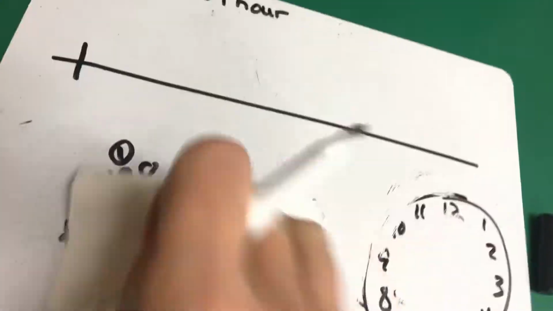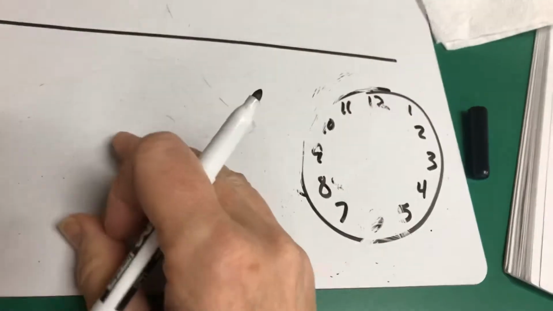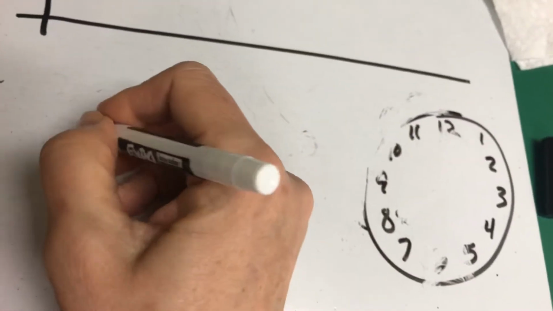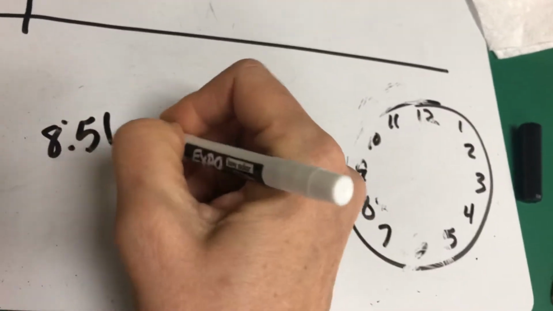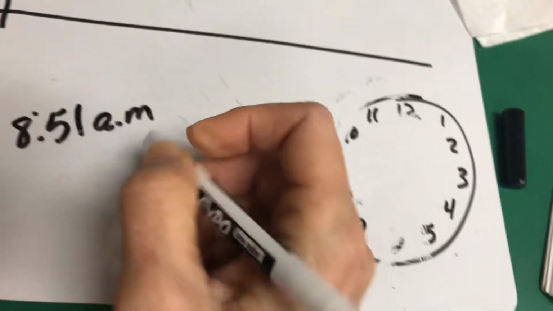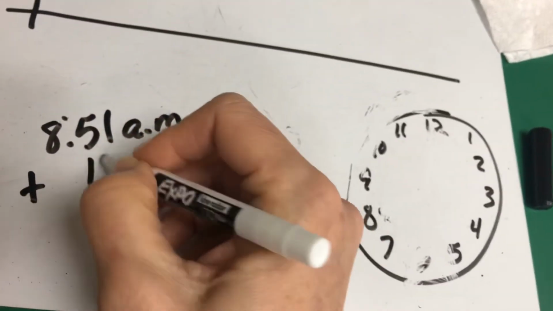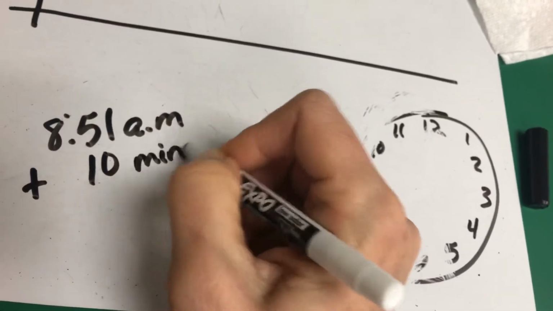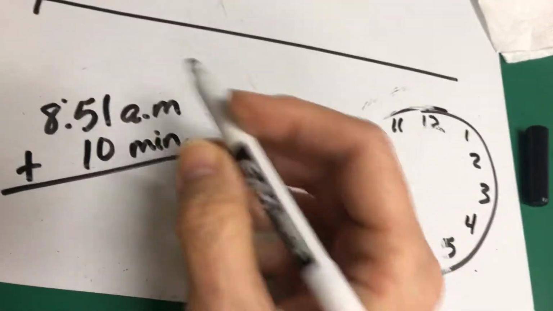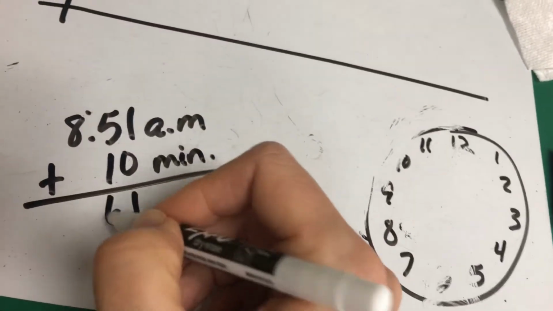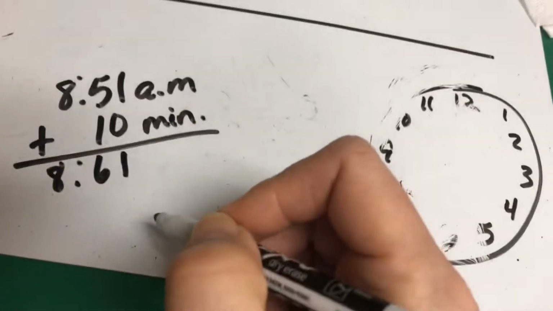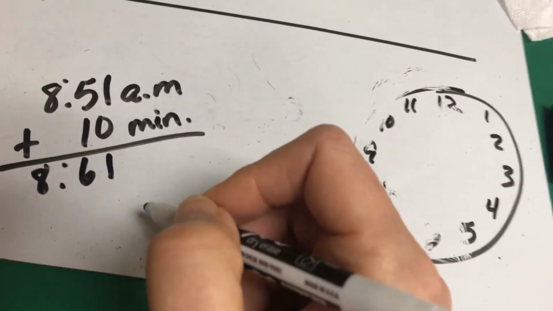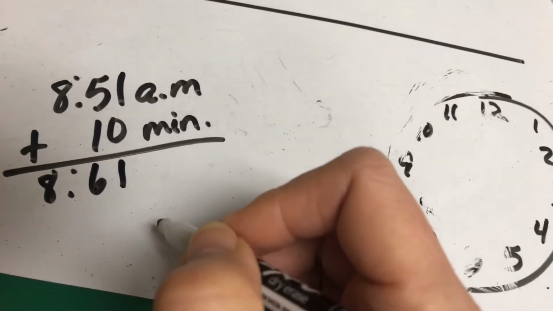But let's do one. What if it is 8:51, and I'm just going to say AM, and I'm going to go for a 10-minute walk. I'm going to add this, and it comes out 8:61. Well, there is no such time as 8:61.